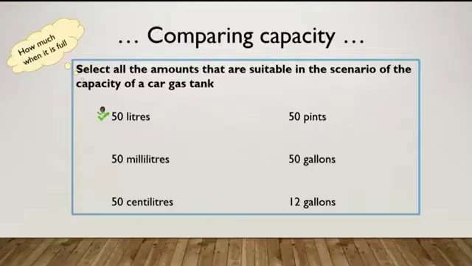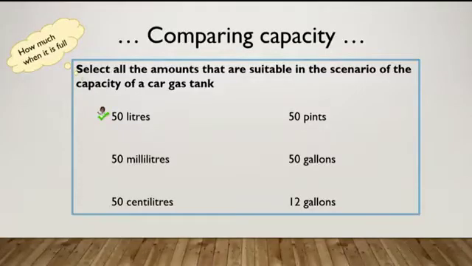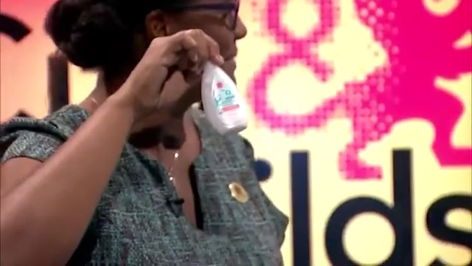50 milliliters. Remember what 5 milliliters looks like? This is 50 milliliters. Would this be a gas tank? No. The centiliters would be 10 of this.